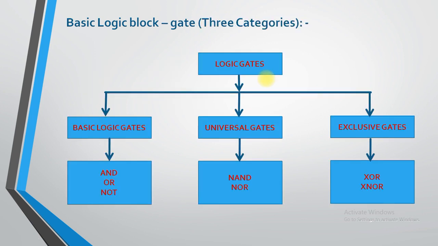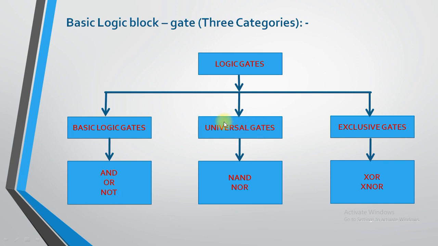Now see, there are 3 categories. You can divide your logic gates into 3 categories. Number 1, basic logic gate, universal logic gate, and exclusive logic gates. Now again, basic logic gate is divided into 3 different types: AND, OR, NOT.